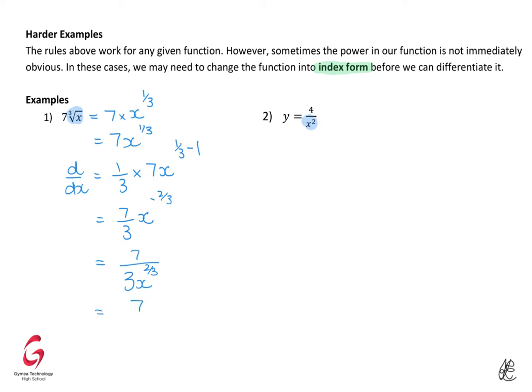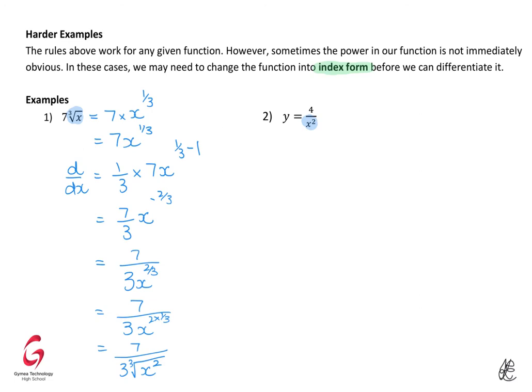So I have a 7 sitting in the numerator, I have 3 in the denominator, and then I have x to the power of 2 and a third. And really, that's the same as having the cube root of x squared. And that's my answer fully simplified.